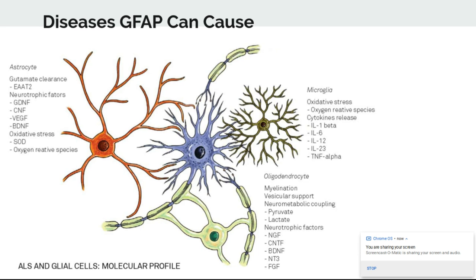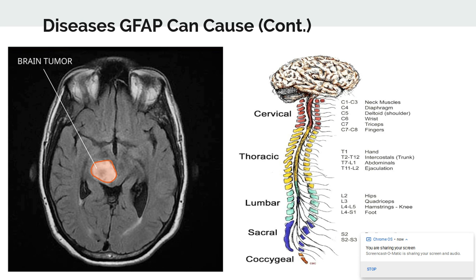The main disease that GFAP causes is glioma. Glioma is a type of tumor that occurs in the brain and spinal cord. Gliomas begin in the glial cells that surround nerve cells and help them function.